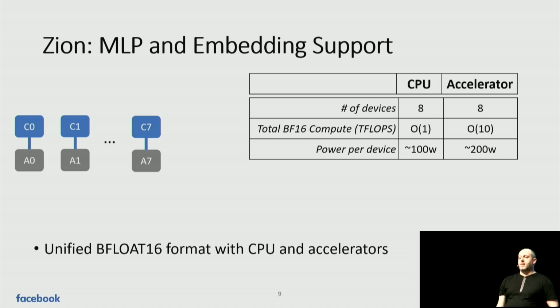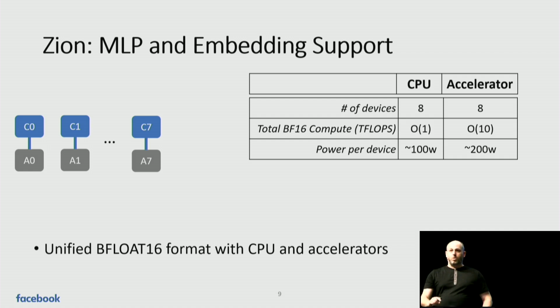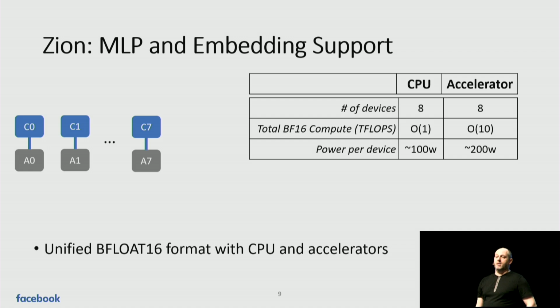The bfloat16 is a really good drop-in replacement for FP32 in some, but not all cases. There are parts of the model that could not be trained using bfloat16, but those are the embedding table lookups, so they're on a different device.